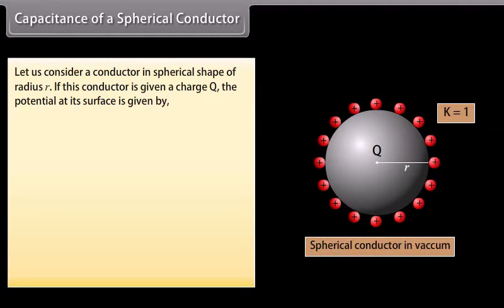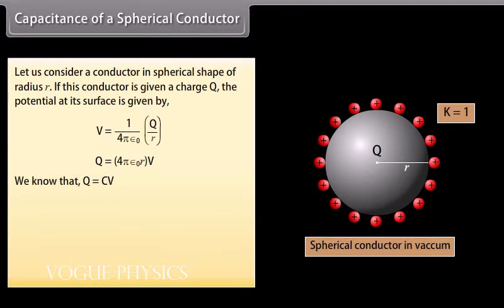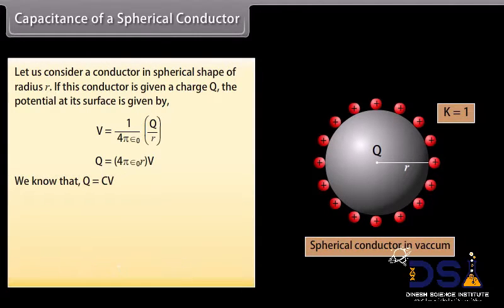If this conductor is given a charge Q, the potential at its surface is given by V is equal to 1 upon 4 pi epsilon naught multiplied by Q upon R. It can be written as Q is equal to the product of 4 pi epsilon naught R and V. We know that Q is equal to CV.